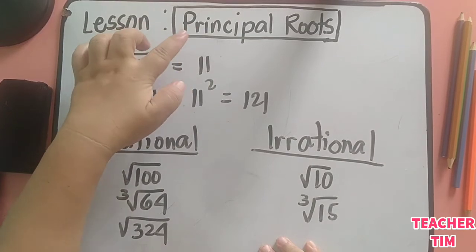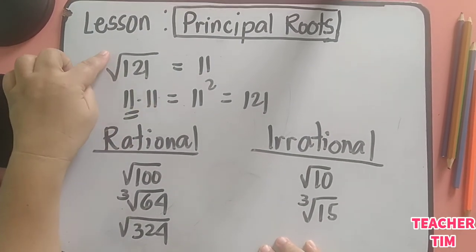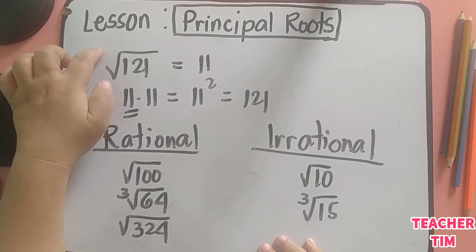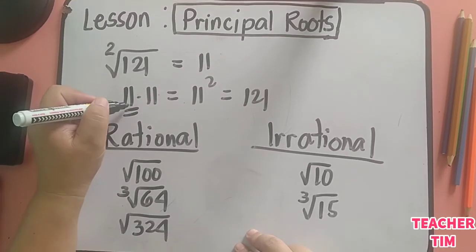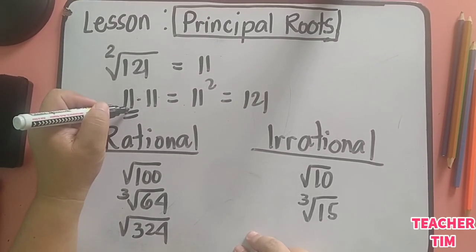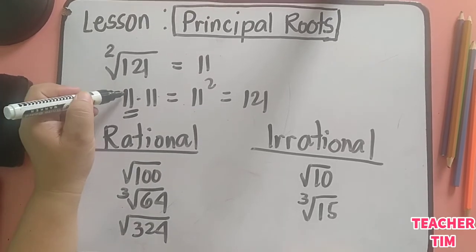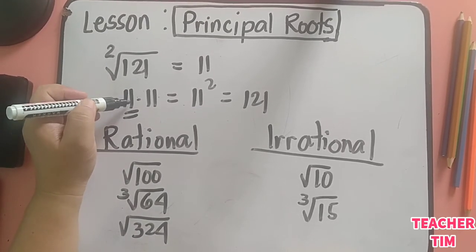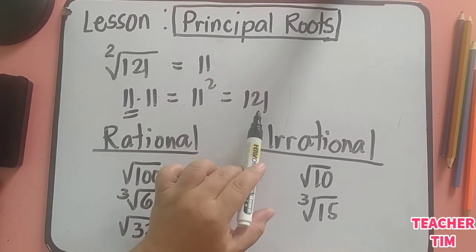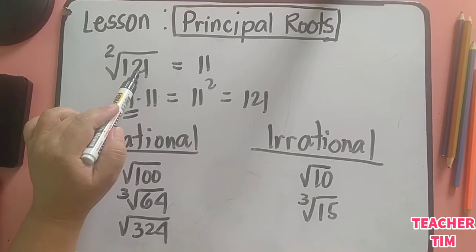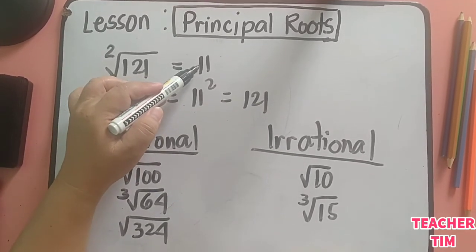How to get the principal root? Number 1, you look at the radicand and index. The index indicates how many times you multiply the base by itself. So since the index is 2, you think of a number to be multiplied by itself, and if the answer is equivalent to the radicand, then that number is its principal root.